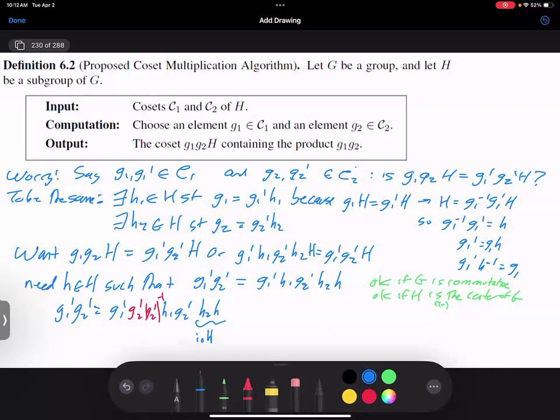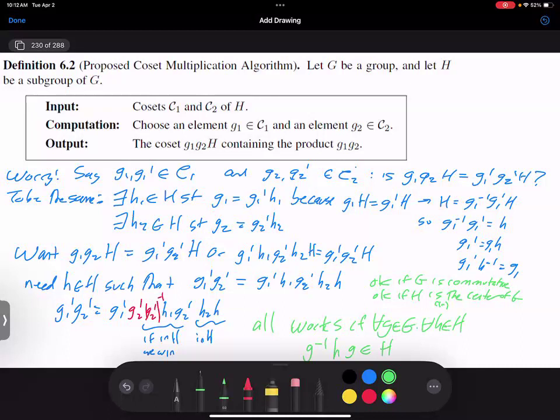Right? And so if in H we win. So all works if for all G in G, for all H in H, G inverse HG is in H. So we've come up with a very natural condition. If this holds, then this product is well defined.